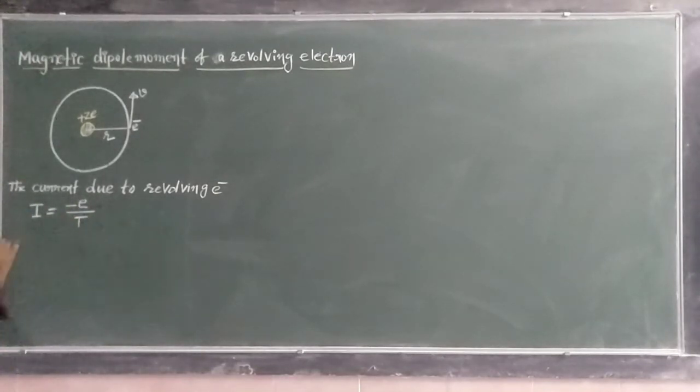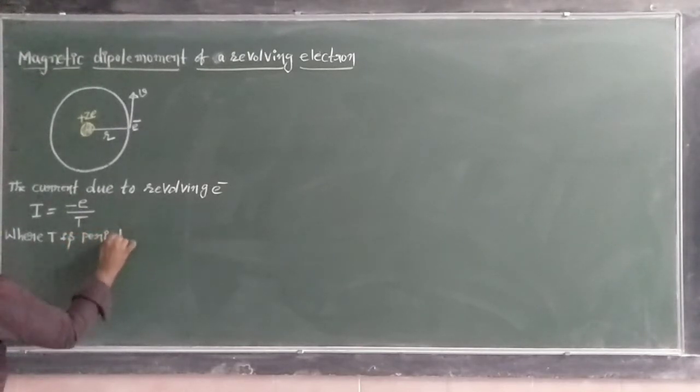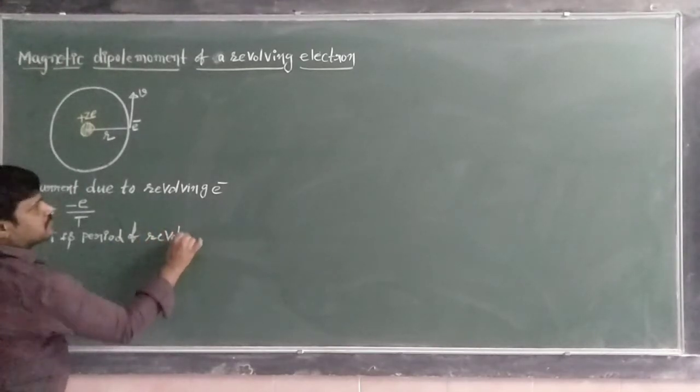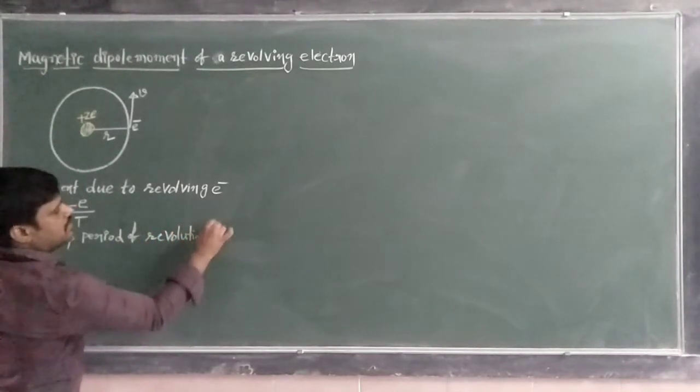Where capital T is the period of revolution of the electron.